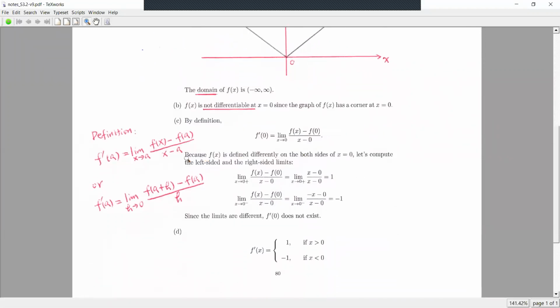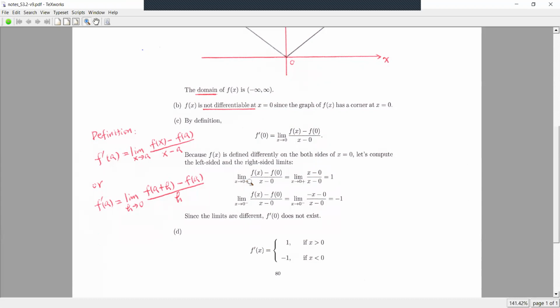Now, because the function is defined differently on the both sides of 0, instead of computing this both-sided limit, I compute the left-hand side and the right-hand side limits below. The right-hand side limit at 0. X approaches 0 from the right. That is, x is greater than 0.